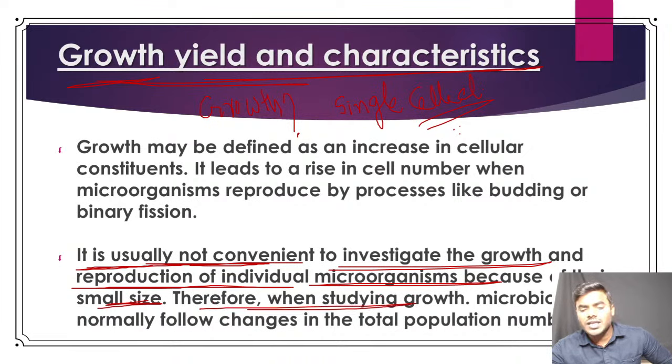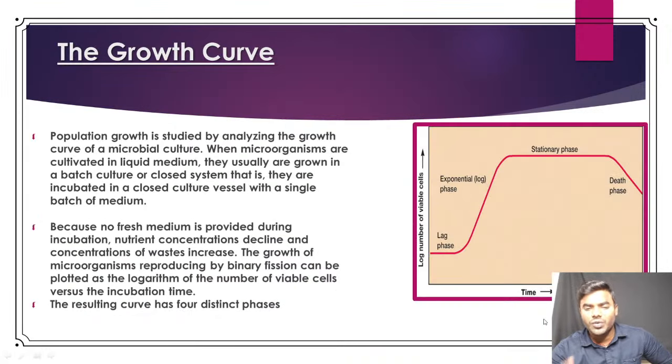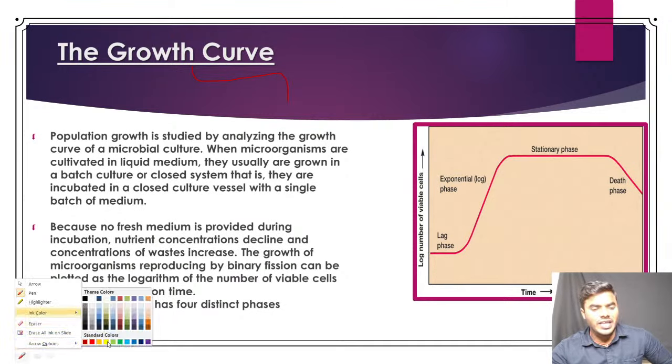Therefore, whenever microbiologists study growth, they always study the total population number, because we can't study one. That's why we study the population. Friends, when we are studying the population, we have to understand the growth curve very effectively.